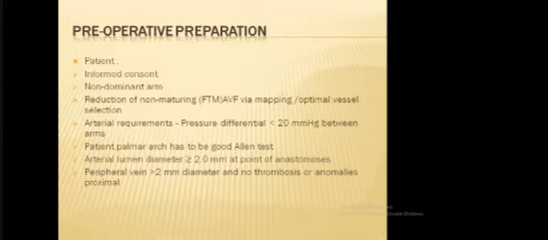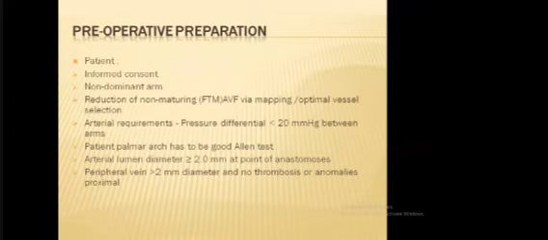You have to look at the radiological evaluation, radiological mapping of the arteries and veins, to see the selection of the vessels and size of the vessels, and you have to see any calcification and atherosclerotic occlusion of the arteries, and also check the difference in pressure between the two arms. The pressure difference should be less than 20 millimeters of mercury between the two arms.